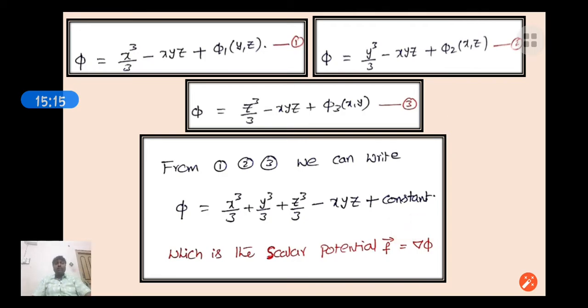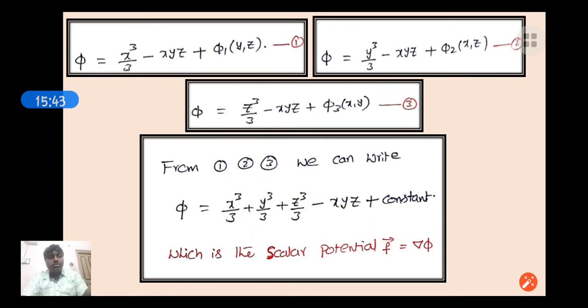Okay, so whenever the vector point function f bar is irrotational, then at that time we have to calculate the scalar potential function phi in such a way that f bar is equal to del phi. And the reverse also you have to check. If phi is your scalar function, you calculate the gradient grad phi, that must be equal to f bar.